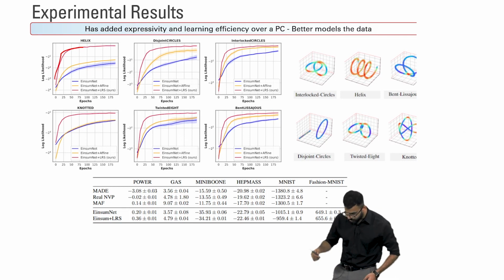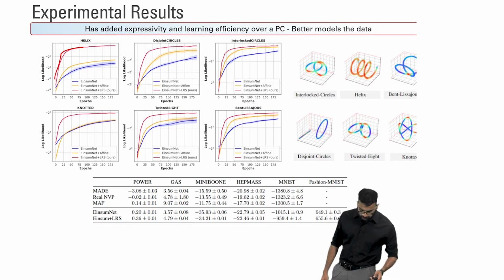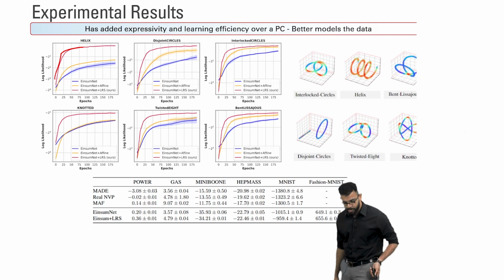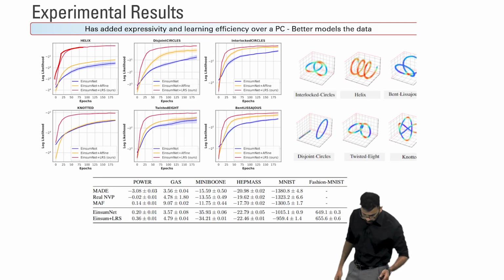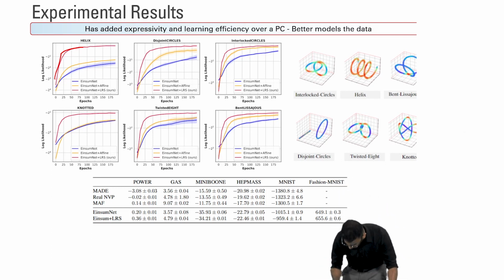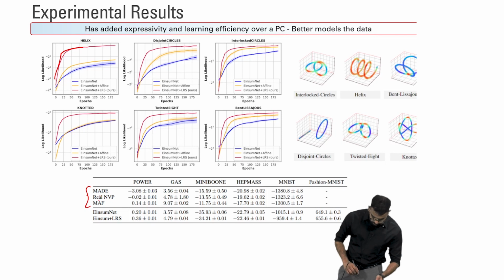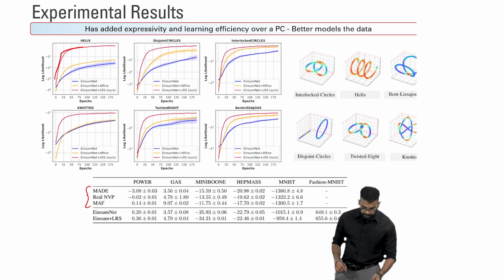We also benchmarked this on several tabular density estimation data sets, and we saw that you achieve performance that is at par with many deep generative models. So RealNVP and masked autoregressive flows, MAF, these are all normalizing flows themselves.